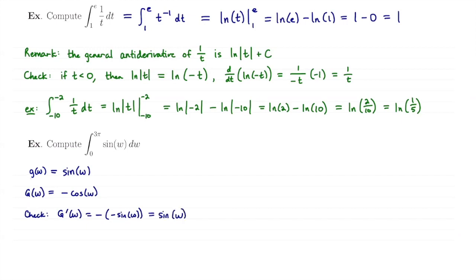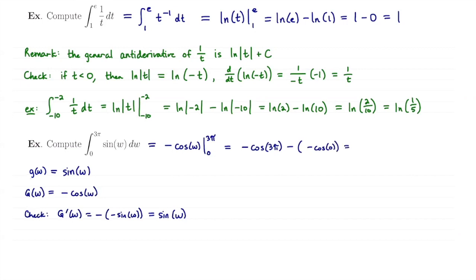Okay, so to evaluate this integral, we would say that an antiderivative of sine of w is negative cosine of w, and then we're going to evaluate it first at 3 pi, and then at 0, which we'll subtract off. So this is going to be negative cosine of 3 pi minus negative cosine of 0.